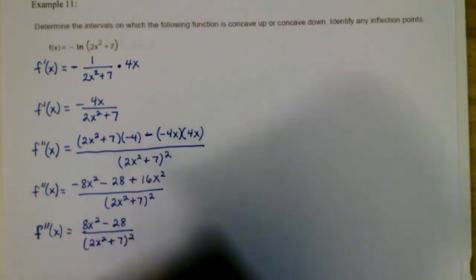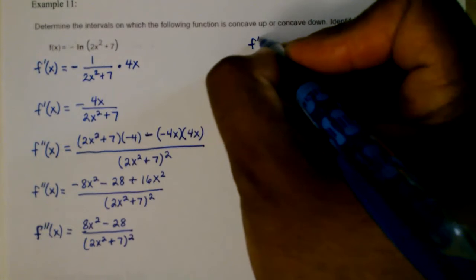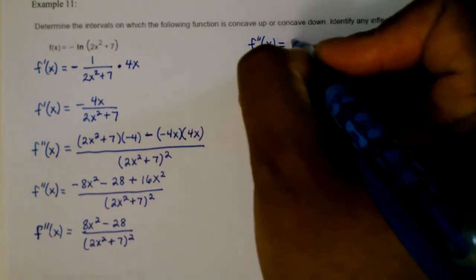Okay. So that's what f double prime of x will be equal to: 8x squared minus 28 divided by 2x squared plus 7 quantity squared. All right, so now we're going to set f double prime of x equal to 0.